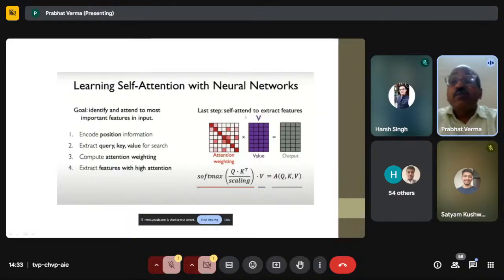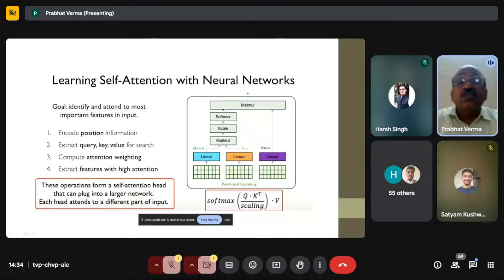The last step is self-attention to extract the features. This is done through softmax of q into k transpose upon scaling, into v, the value. Value means whatever is your example data, the actual value. You multiply with that, and you get the attention matrix A for q, k, and v: query, key, and value. So it depends upon these three things.